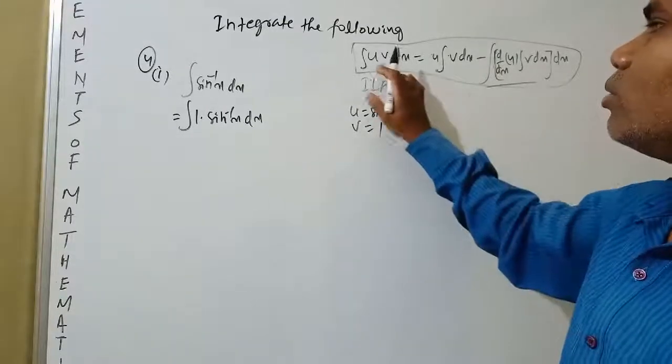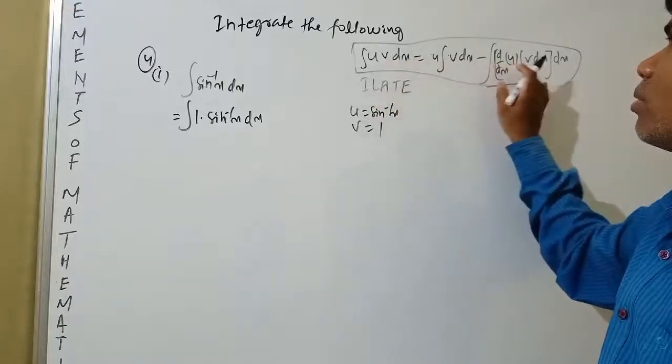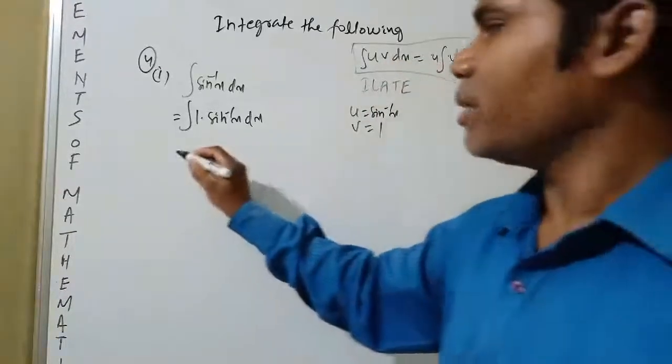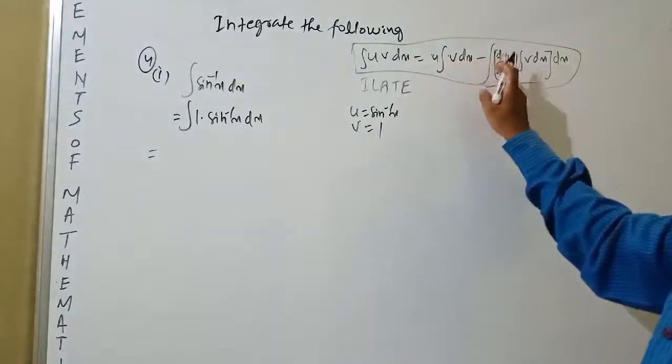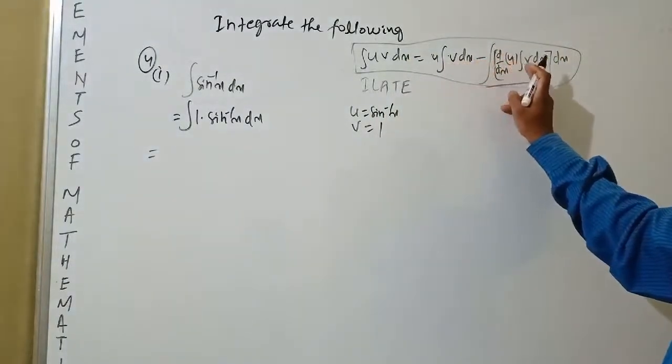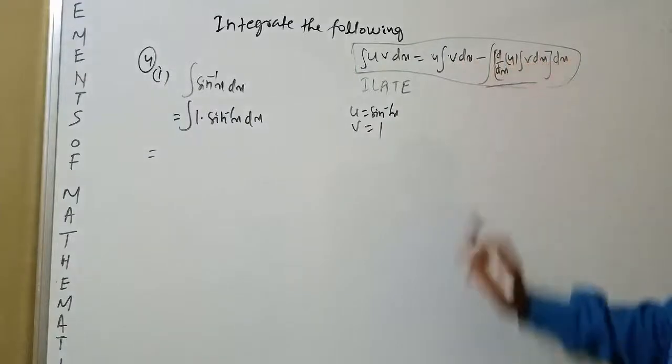Now we can use the by parts formula: integration of u v dx is equal to u into integration of v dx minus integration of derivative of u into integration of v dx, entire integration dx.